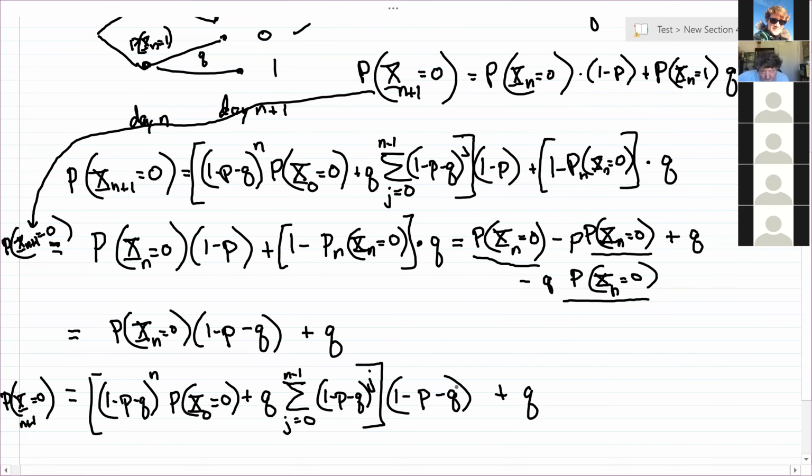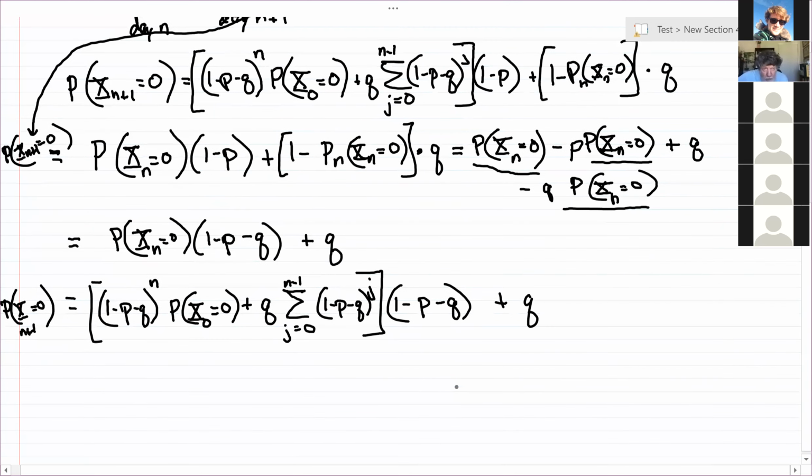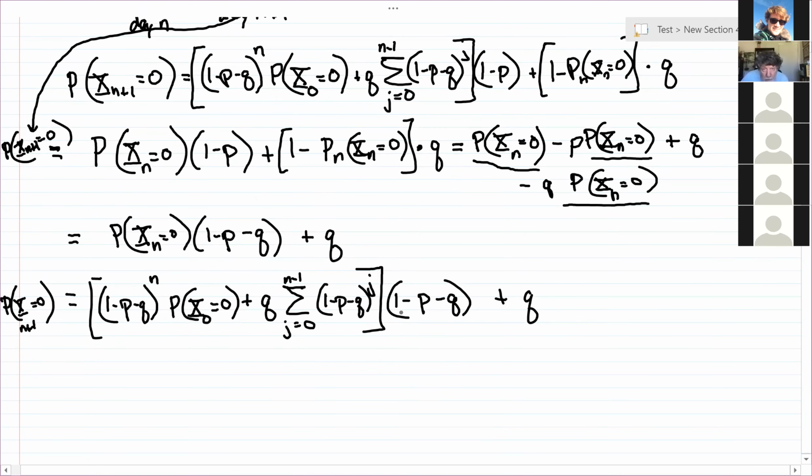Now, what comes quickly is you can just distribute this product through the sum. And if you do that, you'll get 1 minus p minus q, and now it becomes to the n plus 1, because this base is the same as this, times the chance that at day 0 you're 0. Plus q. And you can product this sum by bringing it through the summation sign.